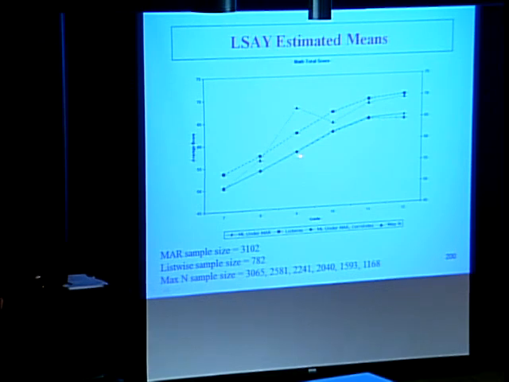Here is all available, max n, all available people at that time point are used. MAR, so you estimate the mean using only the grade 9 score. But MAR, what does MAR do? Well, MAR can use information on the means for the other time points as well. So if you have missingness on grade 9, you can borrow information from grades 7, 8, 10, 11, and 12.